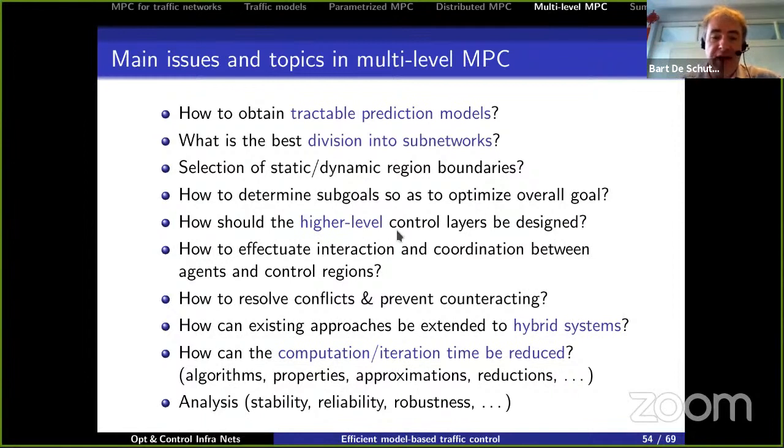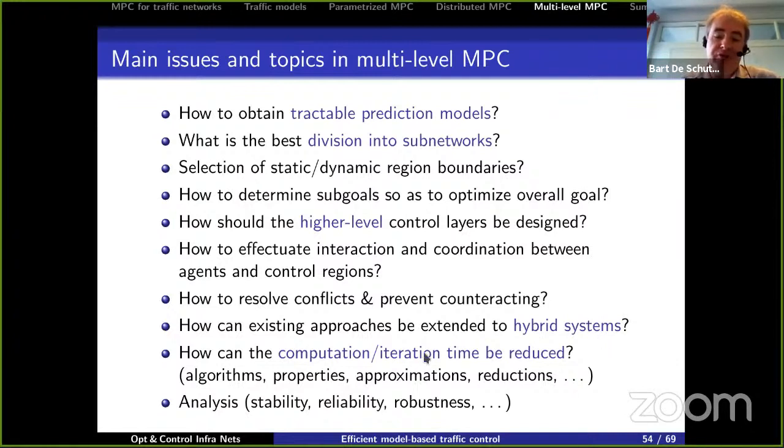How to design the higher control levels, how to get interaction and coordination. And also, how can we extend this if we look at more complex models? If we also, for example, take on-off control into account, if we look at different modalities of our traffic network, it could be that we have a congested mode, an uncongested mode.